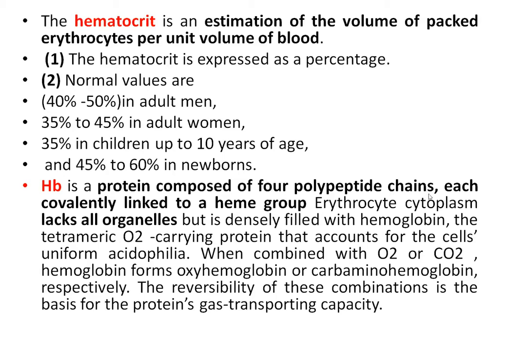The cytoplasm of the erythrocyte lacks all organelles, but it is densely filled with hemoglobin, the tetrameric oxygen-carrying protein. Tetrameric refers to the 4 polypeptide chains that account for the cell's uniform acidophilia.